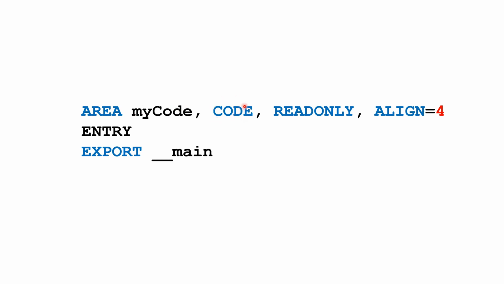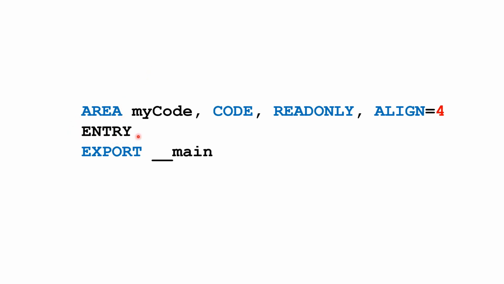Then CODE is an attribute specified for the area. It says that the area contains executable instructions. READONLY is another attribute for the area and specifies that the contents in that area are read-only. And ALIGN equals 4 arranges the code on a 4-byte boundary.